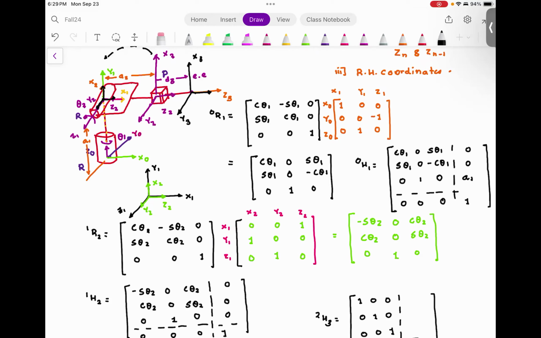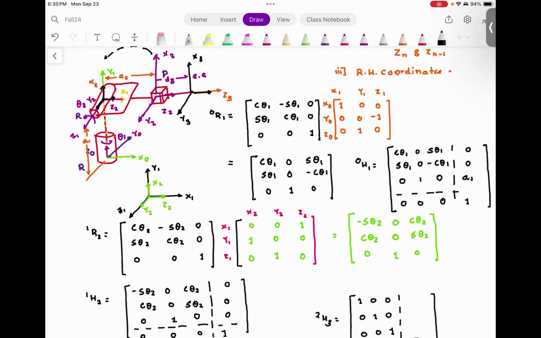The y distance between frame 3 and frame 2 along y2. And the last one, the distance between 3 and 2 in z, in the direction of z2. Are you with me so far? So tell me what would come here.